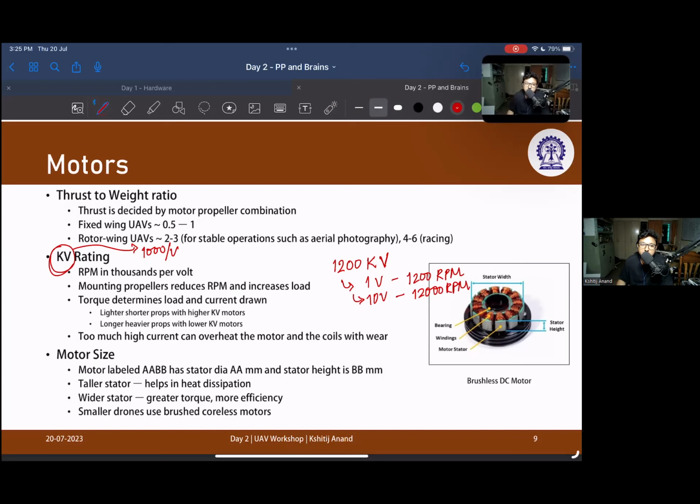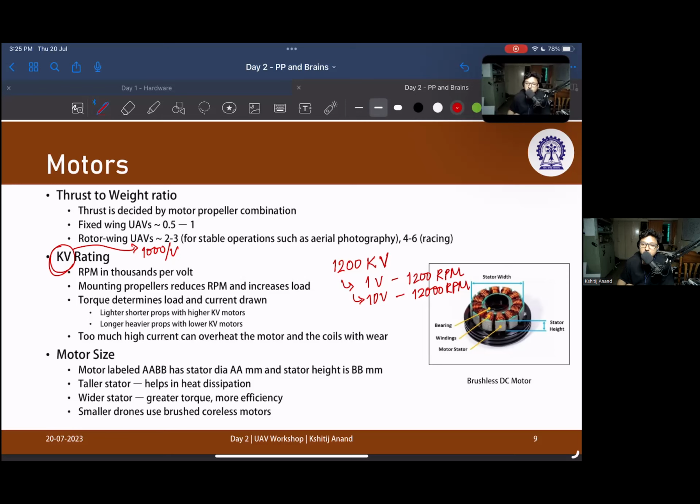Mounting propellers. When you mount propellers on the motor, you are introducing a load on the motor. I don't know how well you remember the basic electrical sciences taught in first year. There were two things, DC motor running on its own and DC motor under a load.